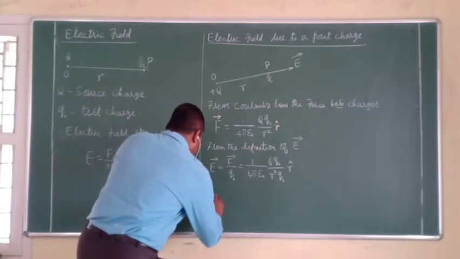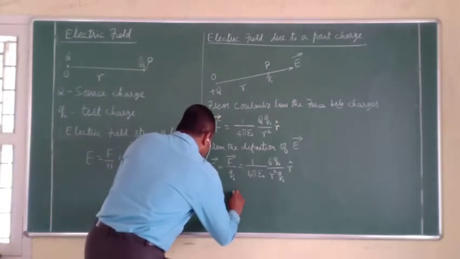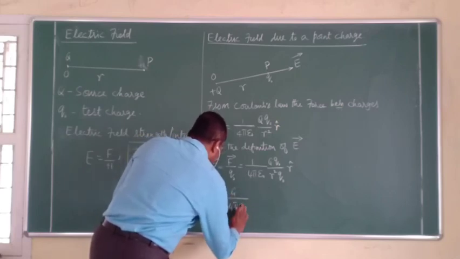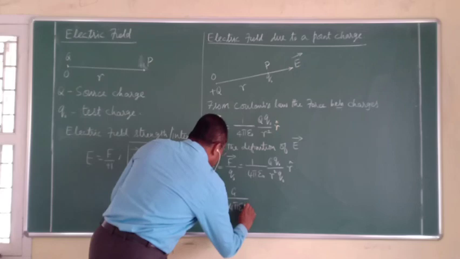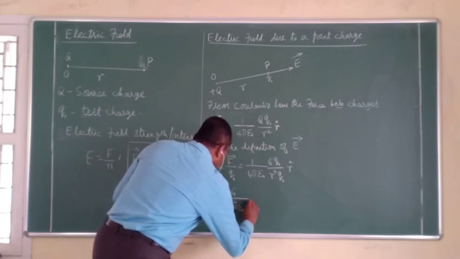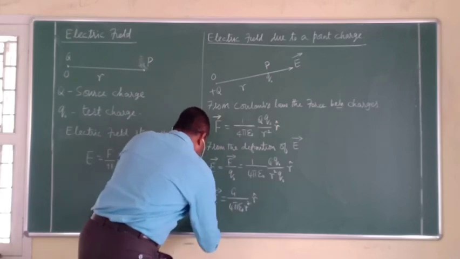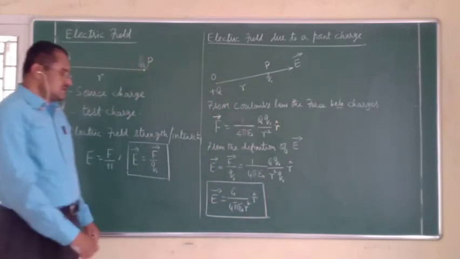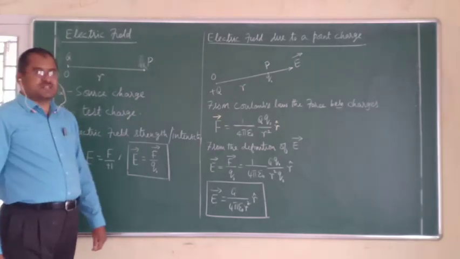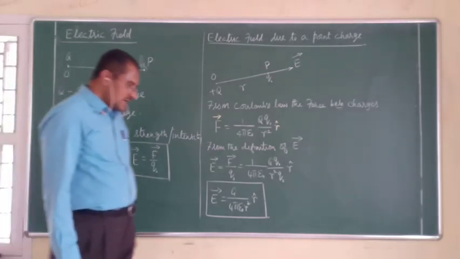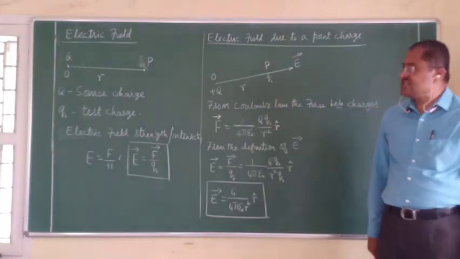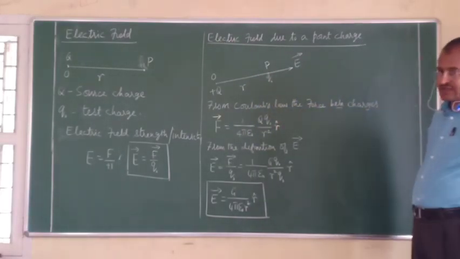Therefore, I get E vector is equal to Q by 4 pi epsilon naught R squared into R unit vector. This is the expression for electric field intensity due to a point charge at a point P.